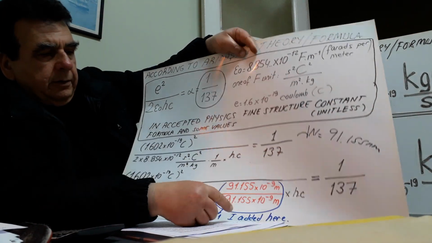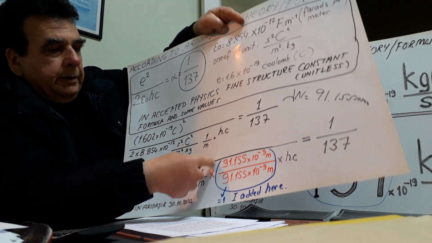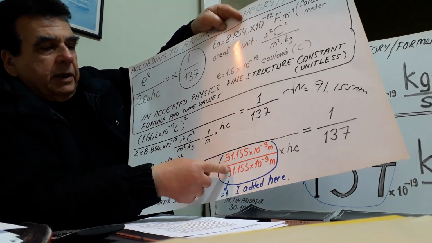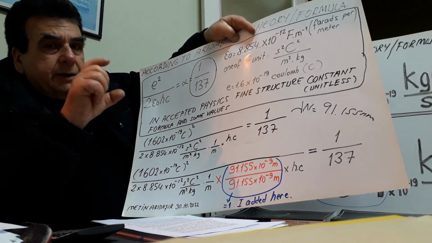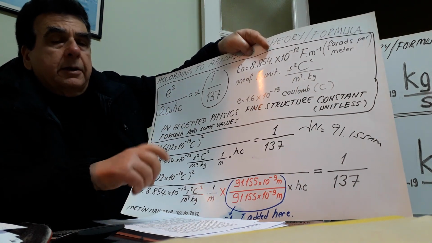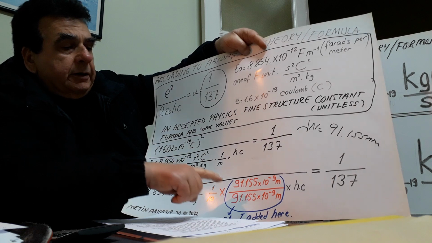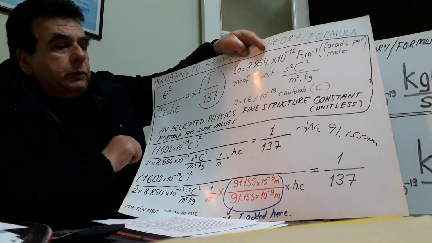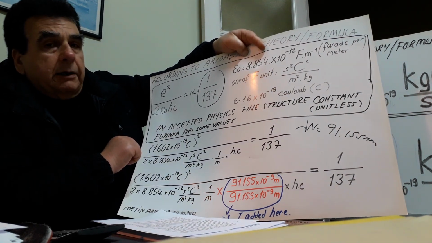If we add this 91.155 nanometer wavelength size in hydrogen atom, most common electron motion form with 91.155 wavelength in our universe.